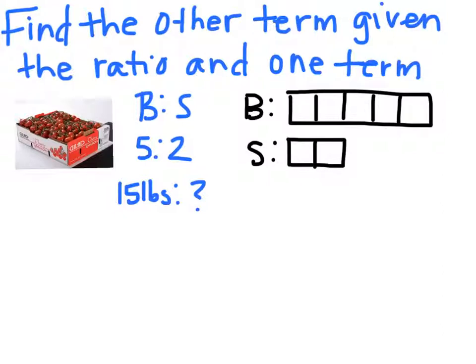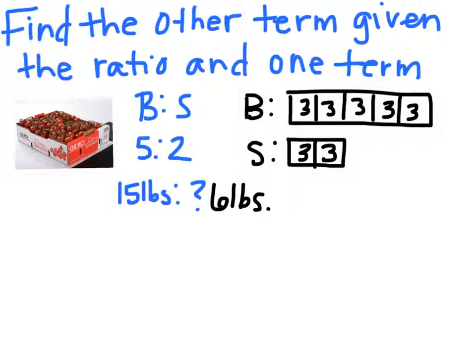Okay, we know that these 5 units in the bigger portion are equal to 15 pounds. So each individual portion is worth 3 pounds, right? Because 3 times 5 equals 15 pounds. So if each one of these units is worth 3 pounds, then each of these must be as well, and therefore the mass of the smaller portion is 6 pounds.